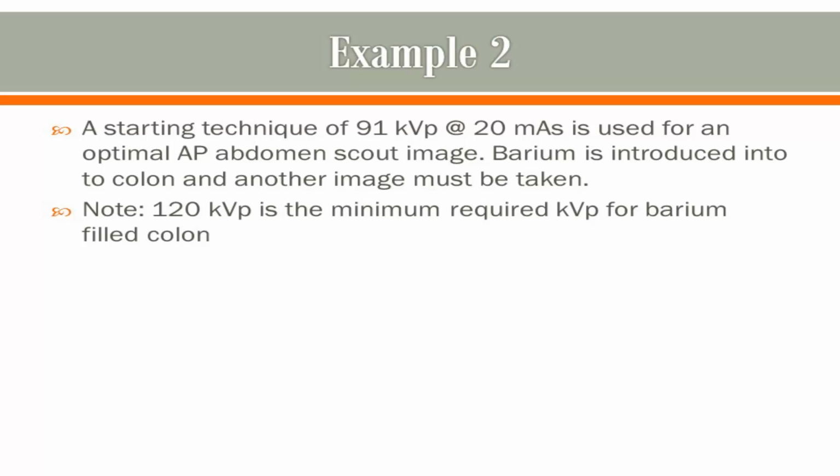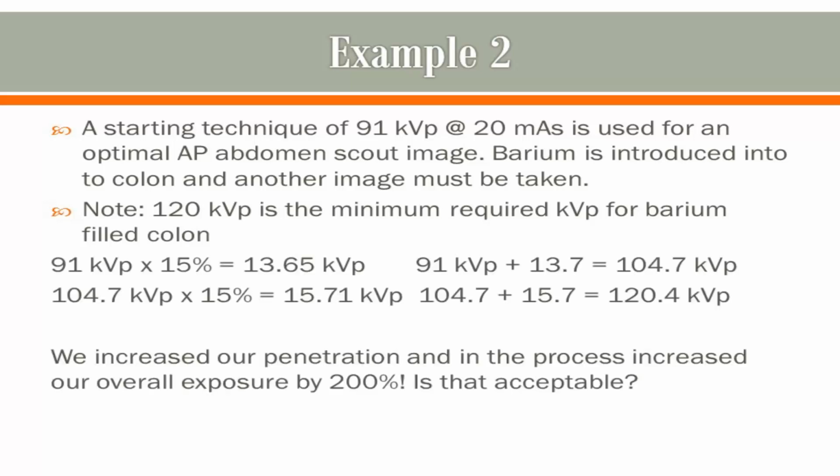Assuming the overall exposure for the first exposure technique was good, we can modify our original technical factors for a barium-filled abdomen. So we take 91 kVp and add 15% of that, or 13.7 kVp, and our new kVp is 104.7 kVp.